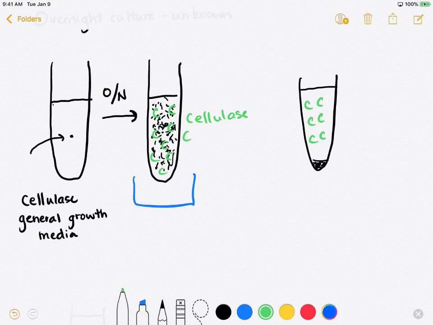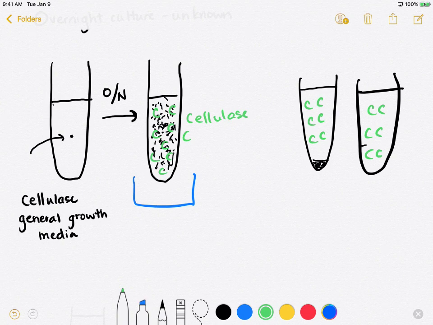We then took off just the media that contained the cellulase, and we provided that for you to use. When we did this, just to remind ourselves of some terminology, the liquid that we took off is called the supernatant.